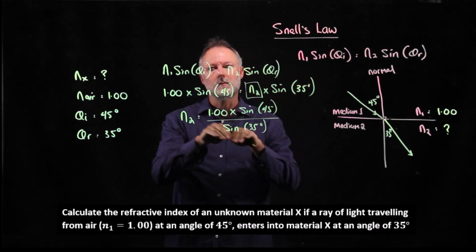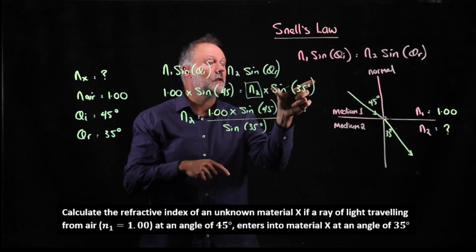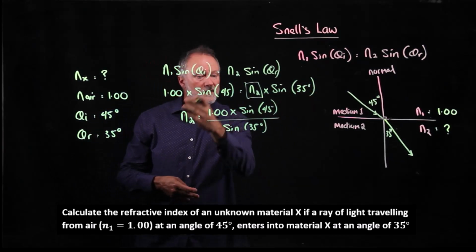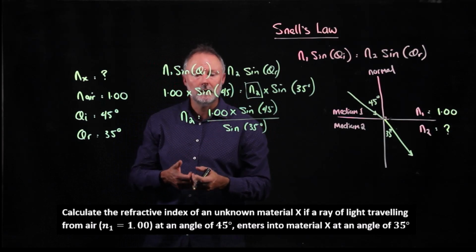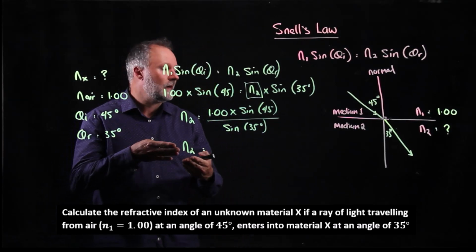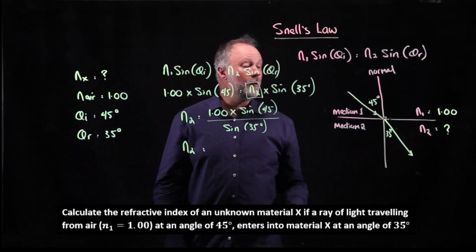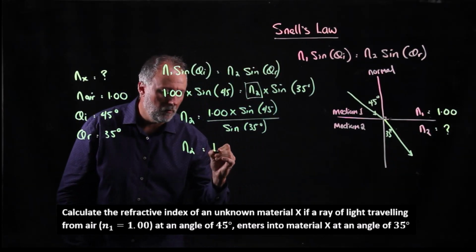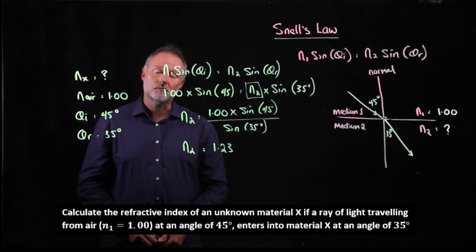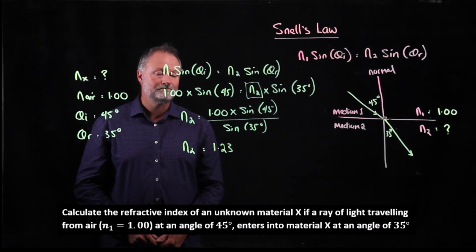Do it to one side, we must do it to the other. So effectively, we're dividing this from the right to the left, and here's our new expression. When we substitute our numbers in using our calculator, making certain it's in degrees mode, we end up calculating the refractive index N2, and the unknown refractive index as 1.23. And again, this quantity is refractive index, so it is unitless.